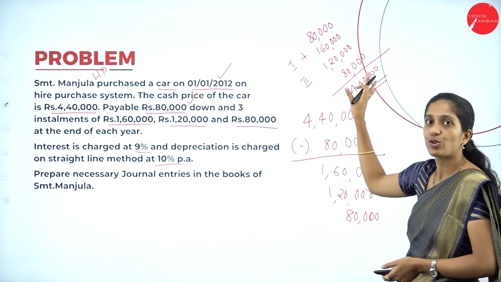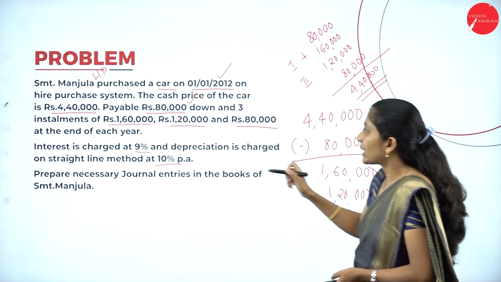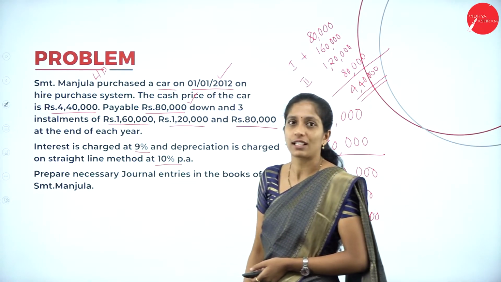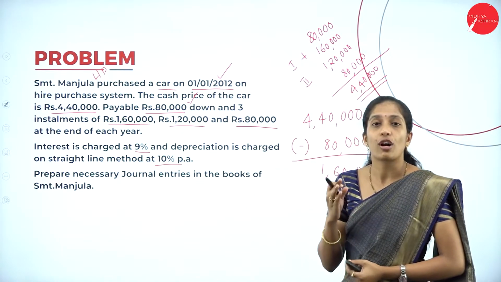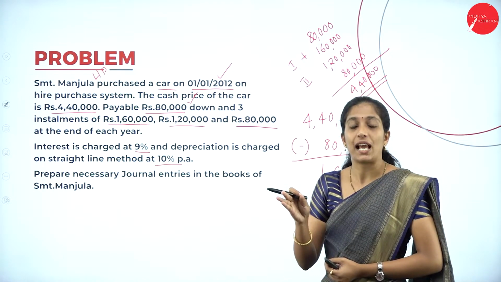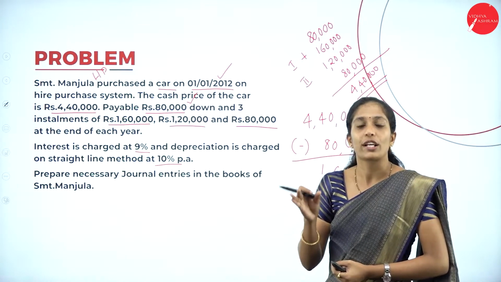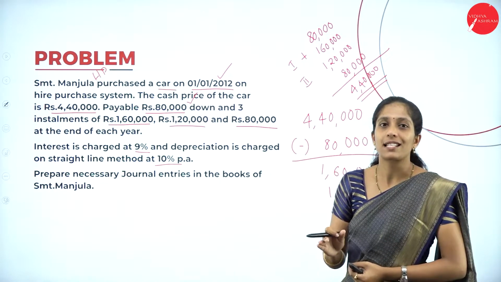So what does it mean? Whether it is inclusive of interest or exclusive of interest? So here, as I told, the cash price of the car is 4,40,000. Now Manjula is not going to give exact 4,40,000. So that is the principal amount along with interest. So along with interest she is going to pay the installment amount.